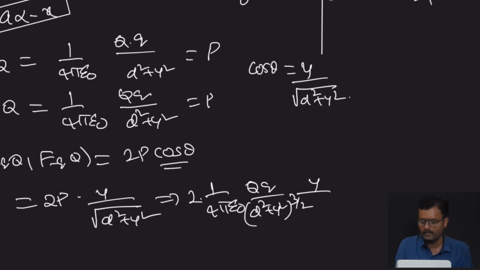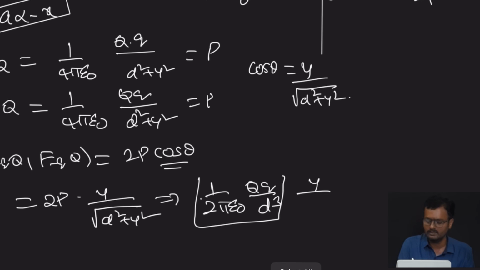Since y is less than d, y square is negligible compared to d square. So we have d square to the power 3 by 2, the 2 cancels, and we get d cubed. These are all constant terms.